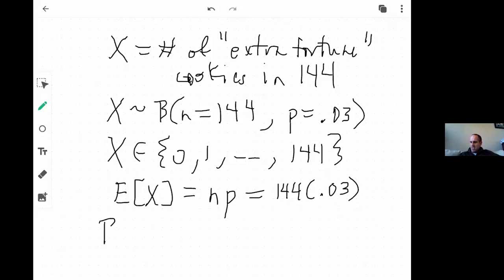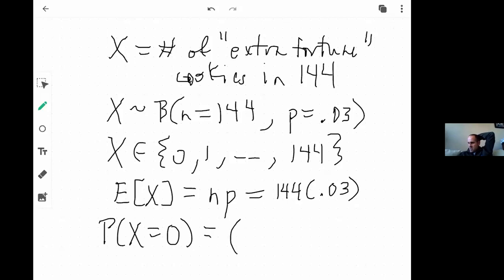Now, the last thing we wanted to compute was the probability that X is 0. Remember the formula for the probability of being equal to anything is n choose k, p to the k times 1 minus p to the n minus k.